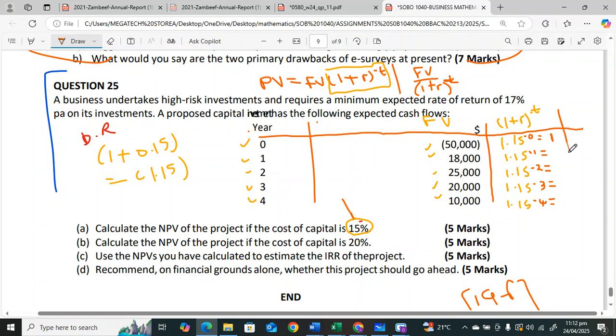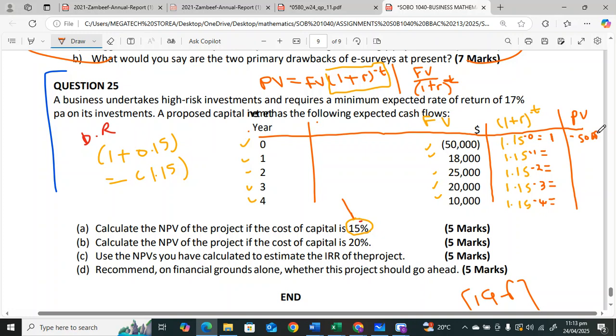So the present value for year 0, although this is truly not a future value because this is what you're paying that day, is negative 50,000 times 1. We get negative 50,000.